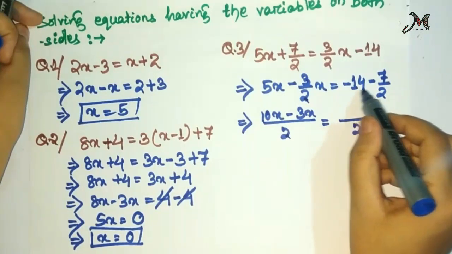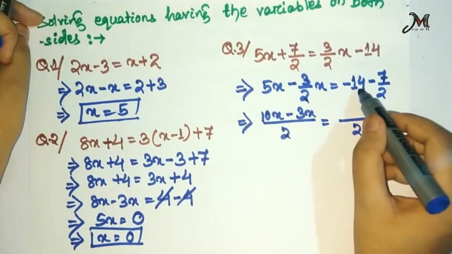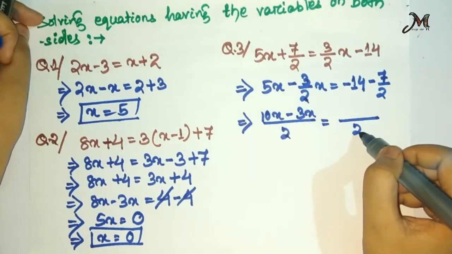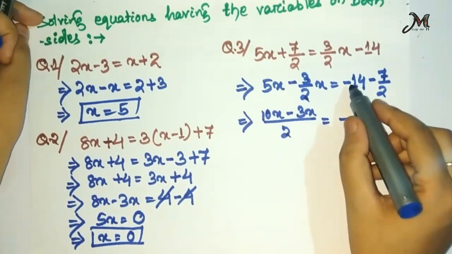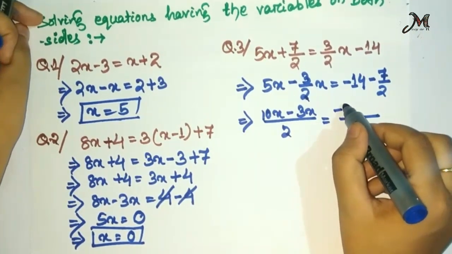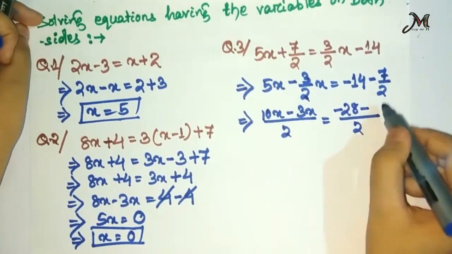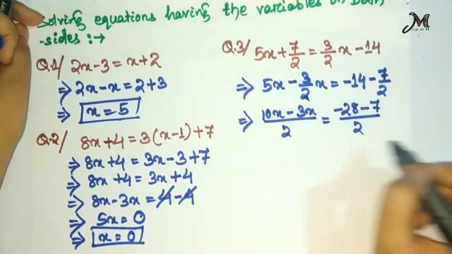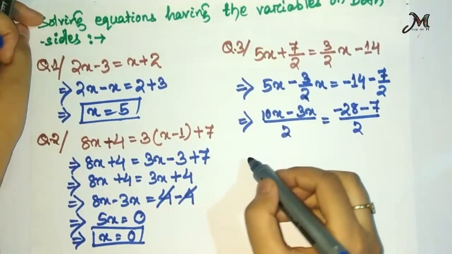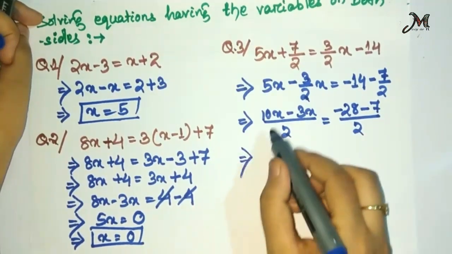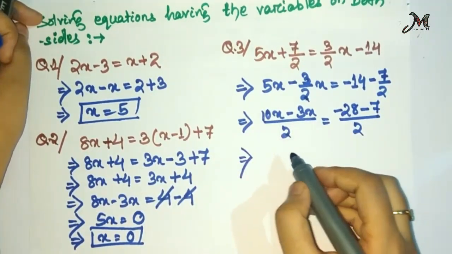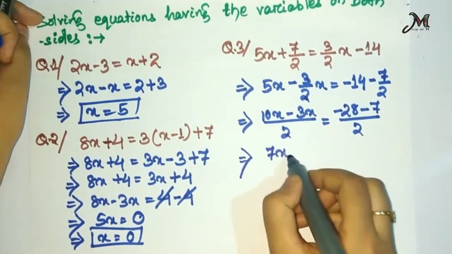Now 2 divided by 1, because 14 means 14 by 1, right? So we can write it as 2 into minus 14, that is equal to minus 28 minus 7. Clear?